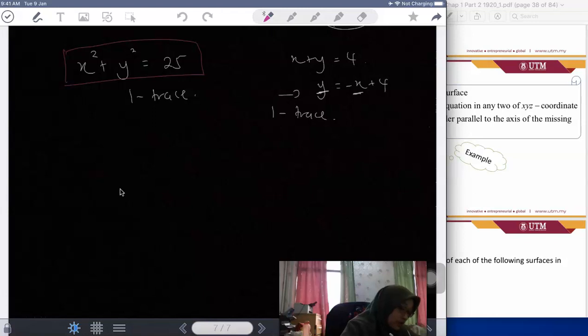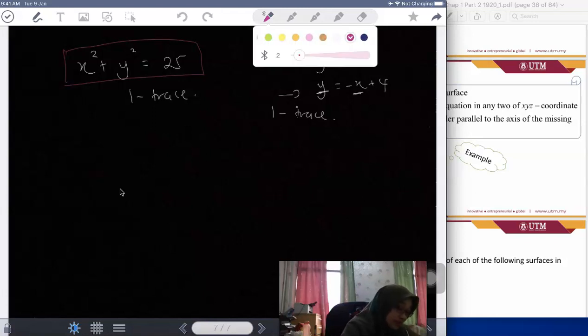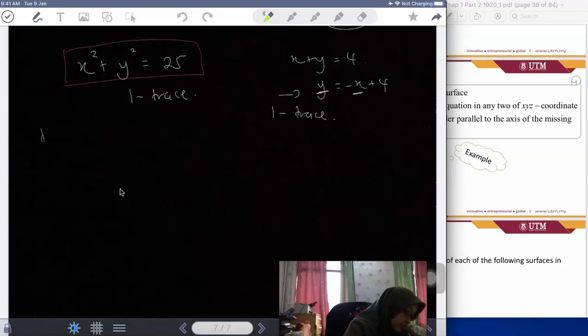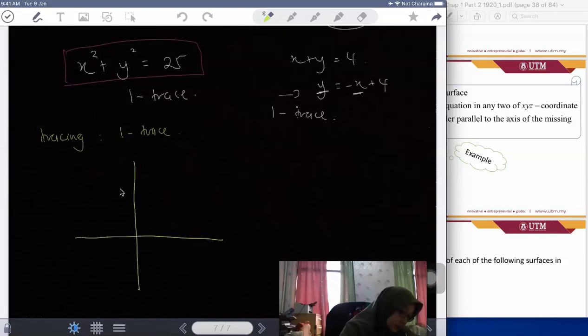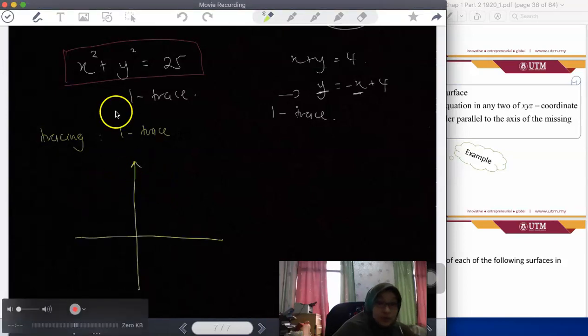Okay, so now based on the equation that we want to focus here, we are doing tracing. So to get the trace, you only have to provide 1 trace. When we are talking about 1 trace, meaning that you're sketching on 2D system, and on which plane, then refer to whatever variable that you have in your original equation.